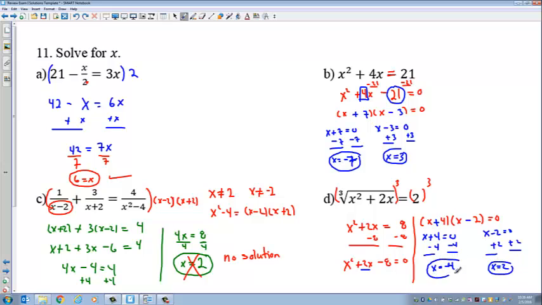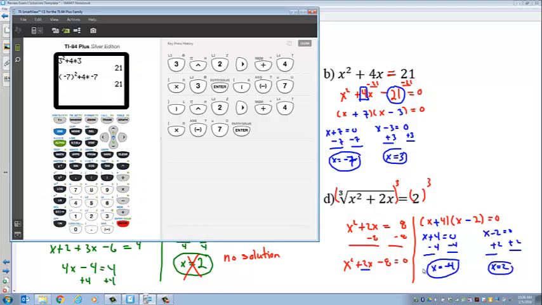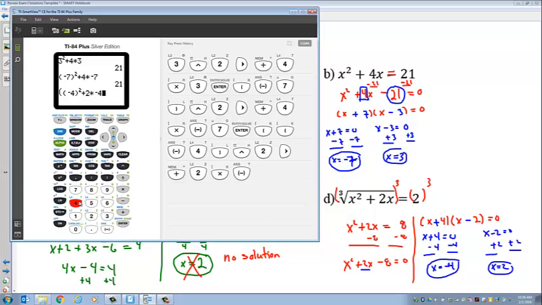Again, you should try to check your answers to make sure they actually make sense. So, for example, on your calculator, if you want to plug in -4 and you want to do the cube root, remember that's actually raised to the 1/3. So what I would do is left parenthesis, -4 raised to the 2 plus 2 times negative 4, in parentheses, then raised to the 1 divided by 3.